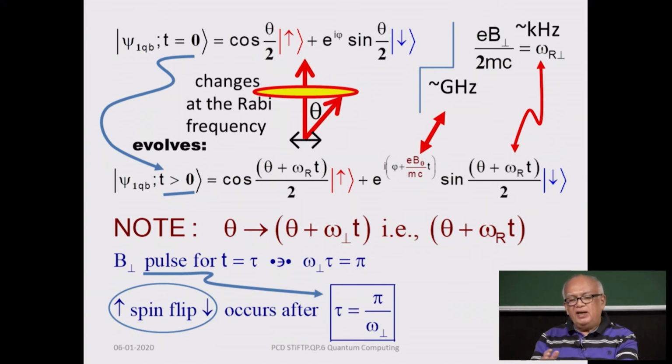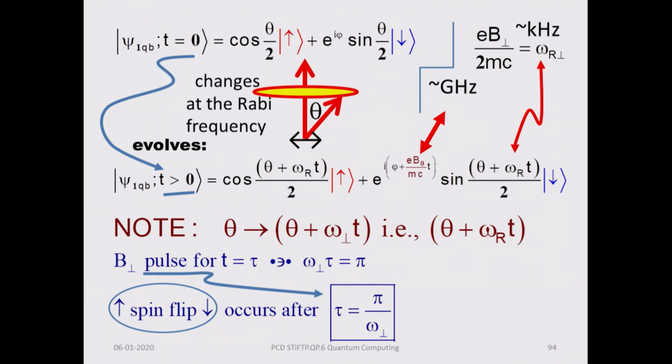So, if omega t is equal to pi, and that t which will make omega t equal to pi is what I call as tau. So, you have to apply that field for as much time, and now you have a control. Okay. So, using these controls you can actually implement quantum gates.